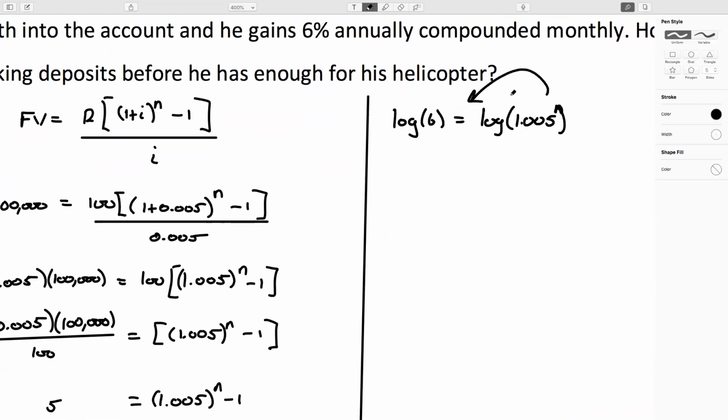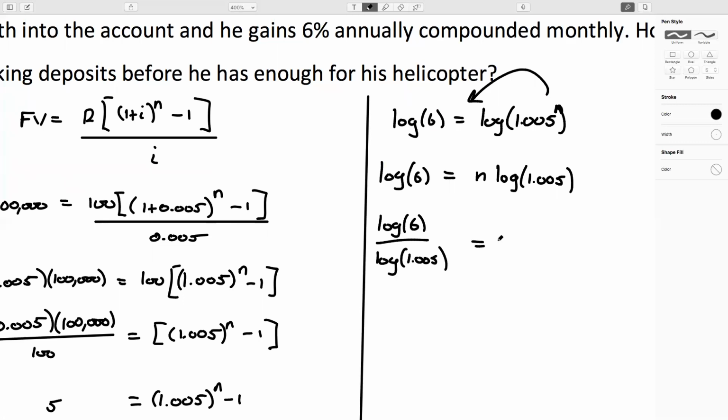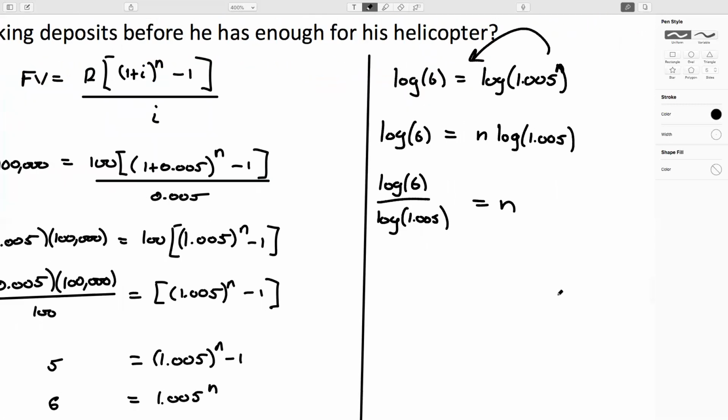I can use the power rule to pull it out front. So log of 6 equals n log 1.005. I can divide by the log of 1.005. Log of 6 divided by log 1.005 equals n. And lo and behold, 359.25 payments.